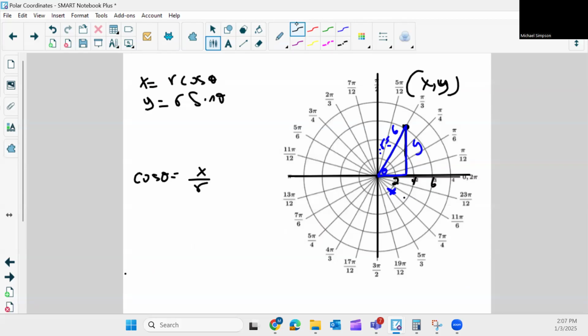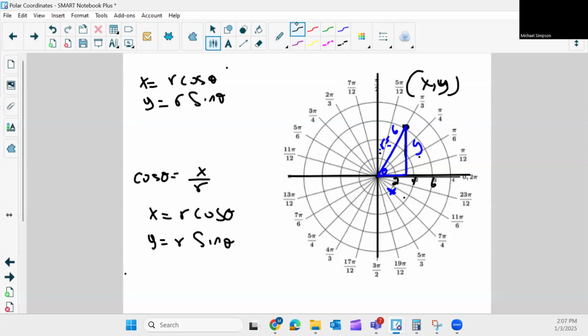Good. But if I want to get x by itself, I multiply both sides by r, and that gives me x is equal to r cosine theta. That's how we end up with the formula, guys. And similarly for the y, do the same thing. Opposite over hypotenuse is sine. And so y is equal to r sine theta.